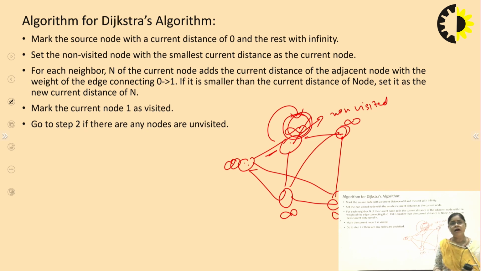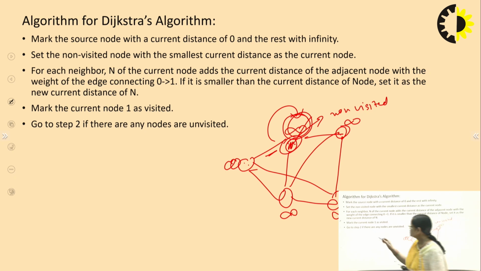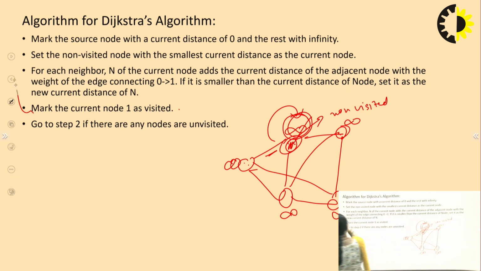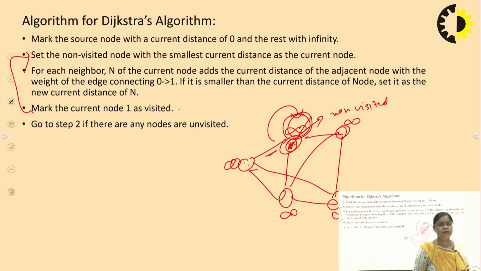And we will mark that we have visited this current node. Then again we will repeat the step, and start our journey to the unvisited nodes, right?